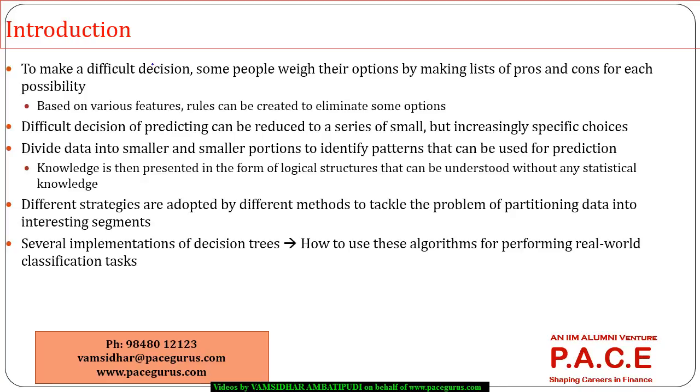If at all, let's say I have a task of making a difficult decision. I want to make a decision whether a particular project should be taken up or it should be rejected.